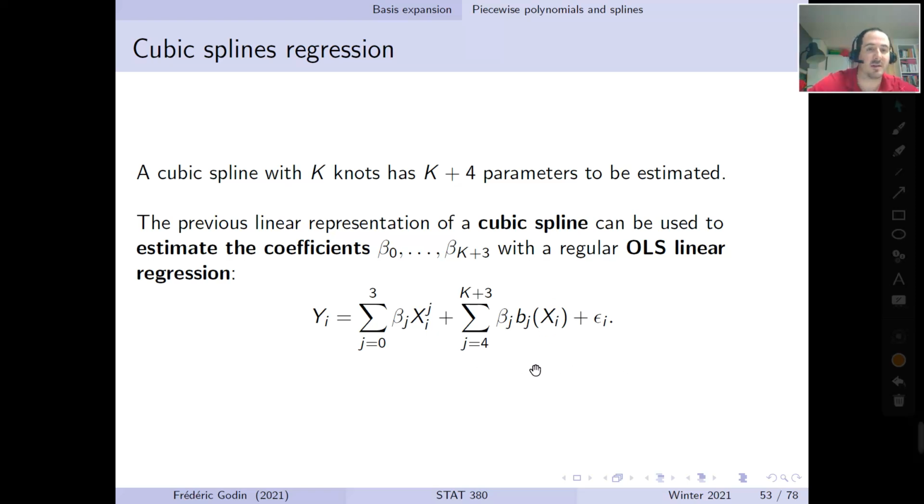This is indeed a linear model where the betas can be obtained through linear regression, and the x^j's and the b_j's can all be obtained from the original predictor x_i, once you've decided the knots c_1, c_2 until c_K. So fitting this in practice, there are no real technical difficulties.